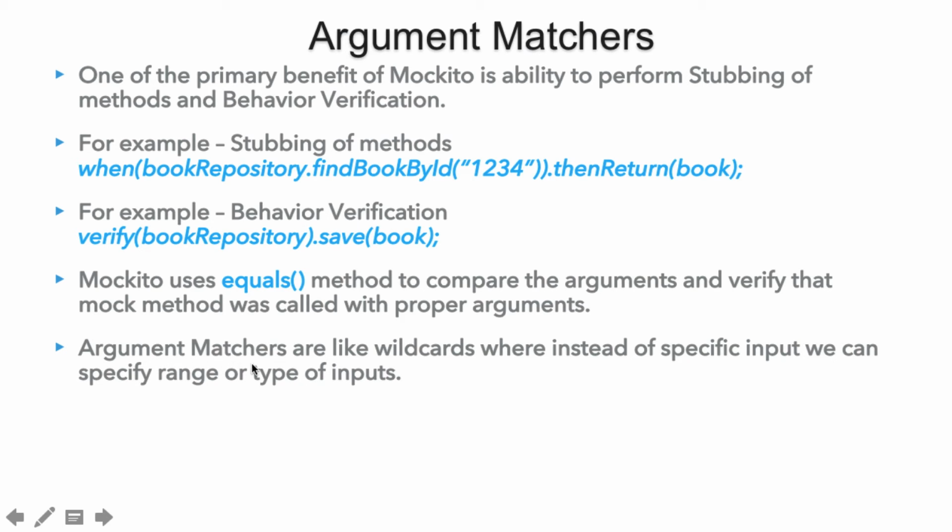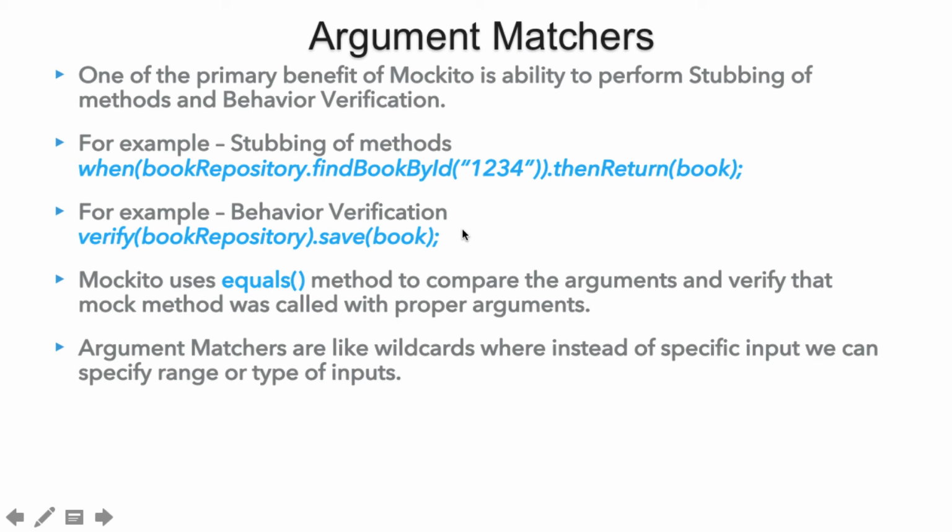These argument matchers are like wildcards where, instead of a specific input, we can specify a range or a particular type of input. By range we mean that here it's the fixed value 1234, and here we can provide a particular range, and if that range is coming, then simply return this book.